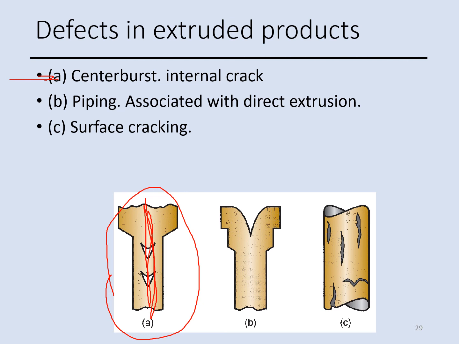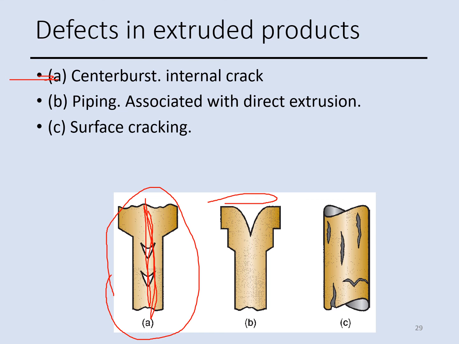The next one is called piping, which is associated with the direct extrusion process. This problem can be addressed by a dummy block which has the same diameter, and that can stay here, then it can be trimmed off.